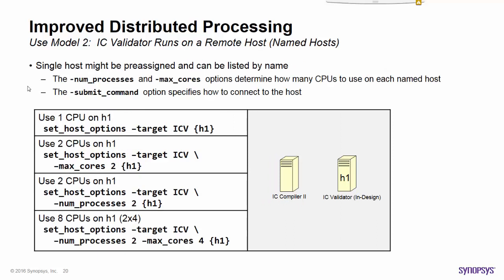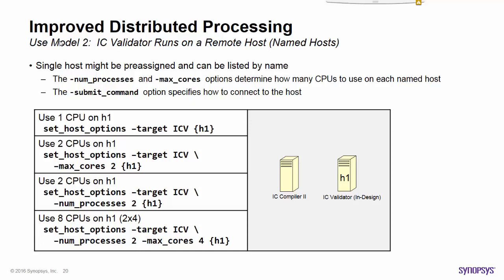Let's move on to use model 2, that is IC Validator run on a remote host. For use model number 2, by passing in a host as an argument to the command set_host_options, the user actually instructs the IC Validator to run on that host.